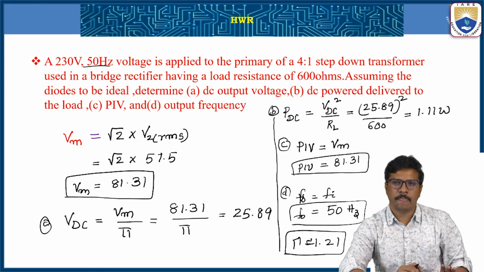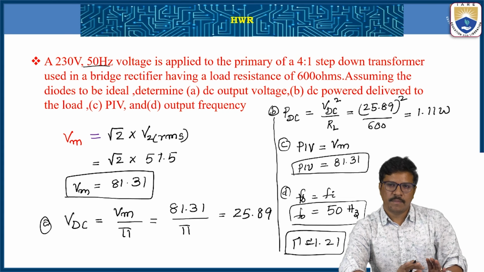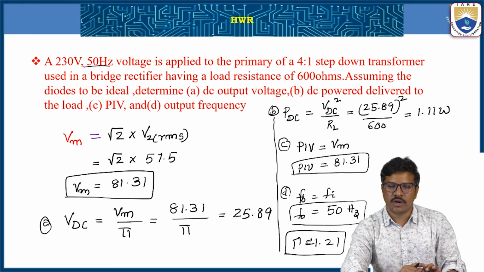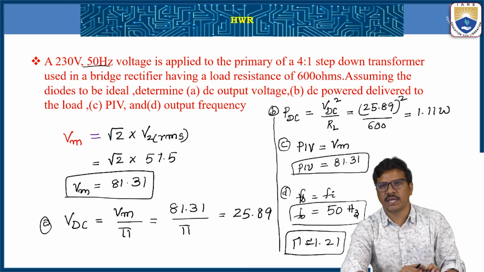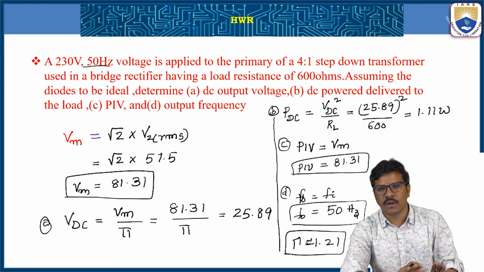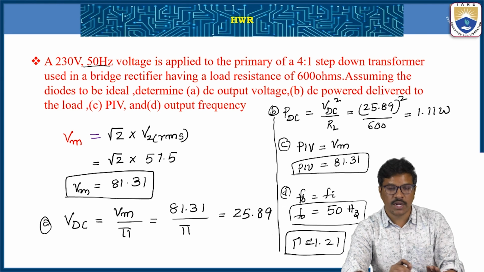So in this problem, the given data are all the parameters in the rectifier: input primary voltage, primary signal frequency, and turns ratio. The immediate step is to find the secondary coil voltage in terms of the primary voltage and the turns ratio. We'll get V2.